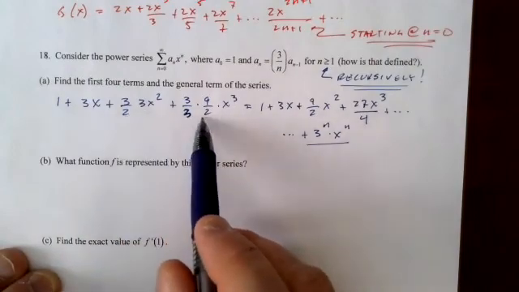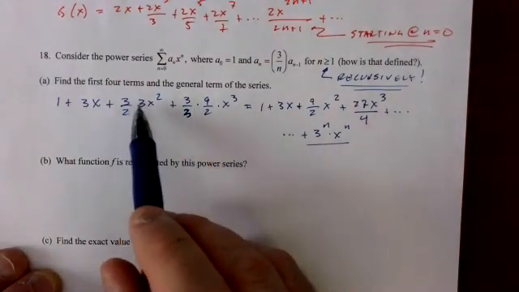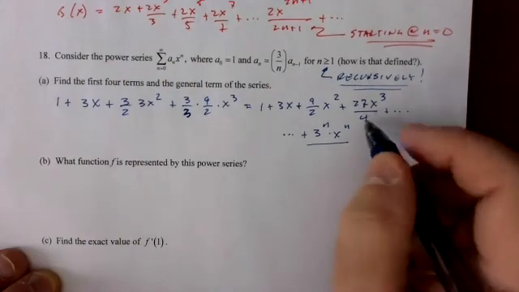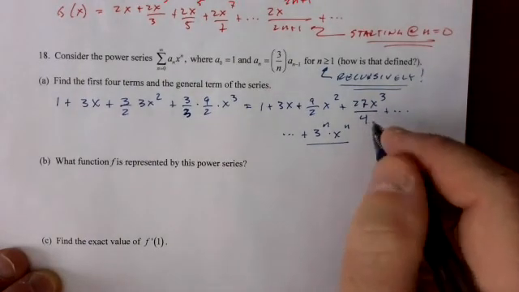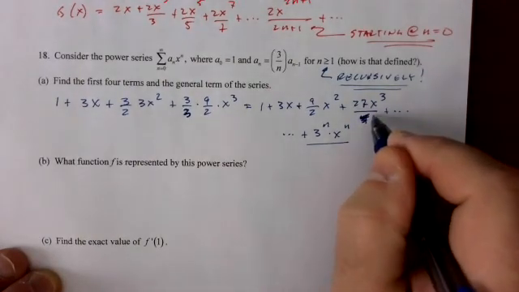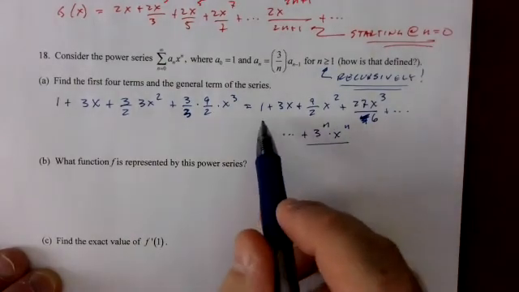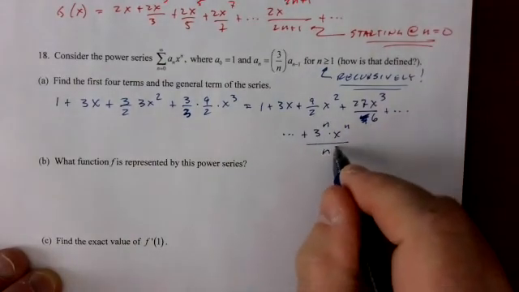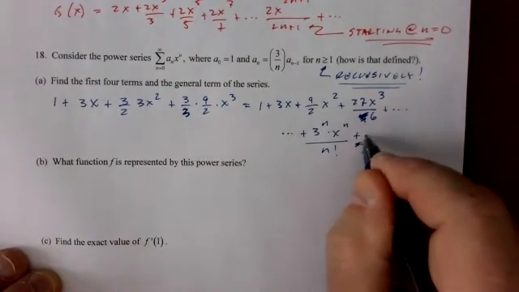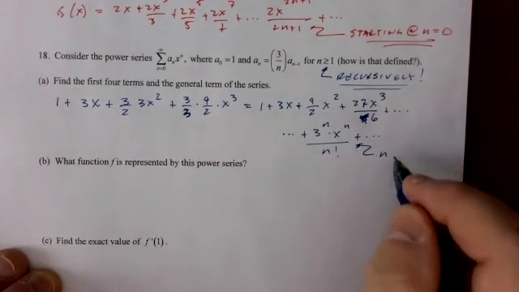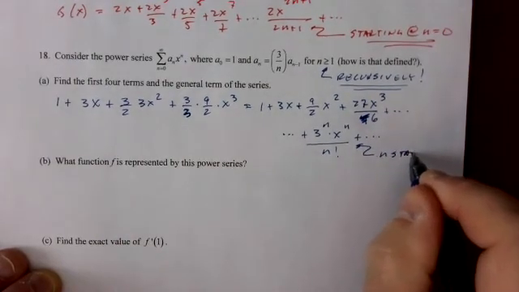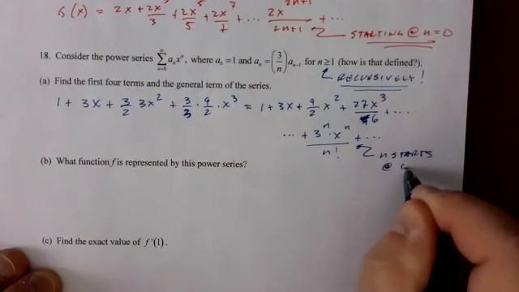And so that's 2, 3 times 2. It's going to be 4 times 3 times 2. That's 27 over, this is not 4 because I didn't read it right, 6. All right. 0, 1, 2, 3. Yep. N factorial. Dot dot dot. N starts at 0.